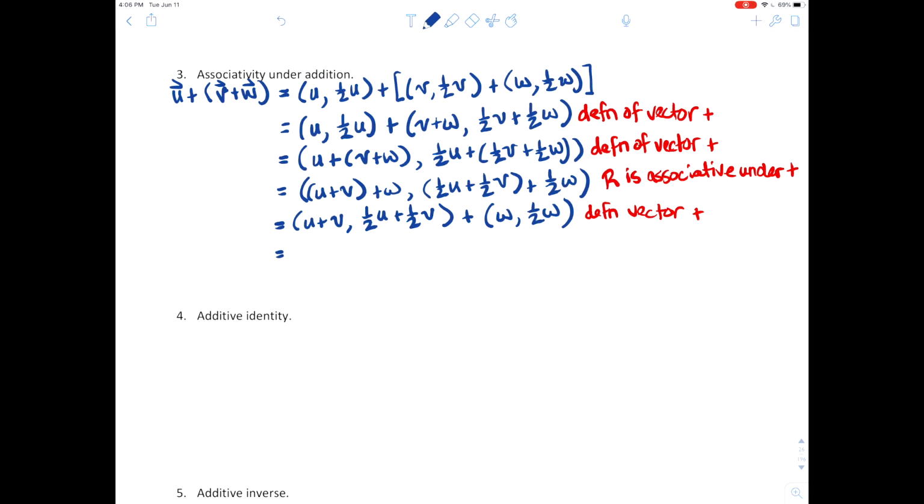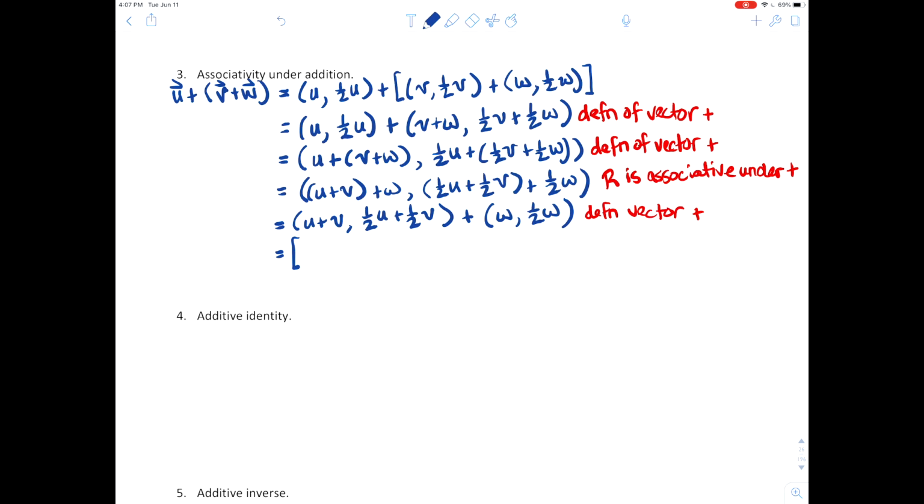Alrighty, and then what's going to happen? Perfect. Now we want to split the sum of u plus v. So we need to put grouping symbols around it. So you got to be careful. Actually, I'll do this. Grouping symbols.